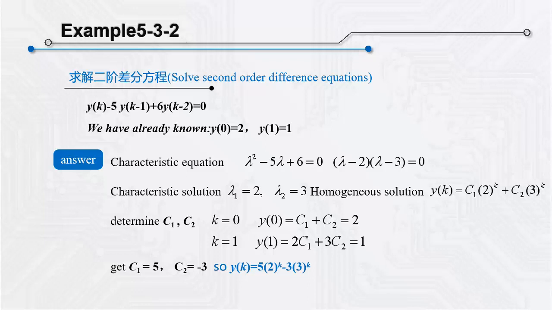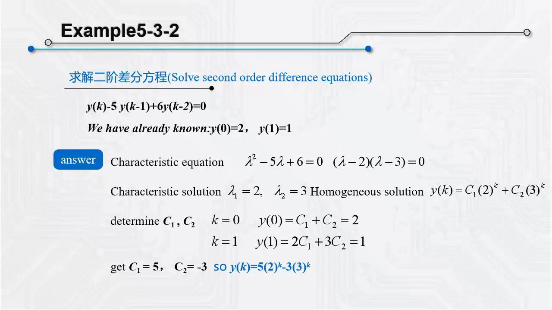So the undetermined coefficients C1, C2 are determined by what? We can determine them by the initial conditions. According to our initial conditions, the values of y of 0, y of 1, let's take those into the equation. You can see two equations and two unknowns, so we can figure out C1 and C2.